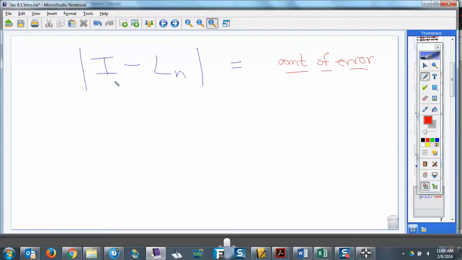Because this will be bigger, the exact answer. What we're saying is we don't really care if it's over or under. When we're figuring out how far are we off, we don't really care if we're over or under. So we just put bars around it to just make it positive, right? We don't want our error to be a negative number. We just want it to be positive because we don't really care. I mean, we're going to know if it's over or under, right? We just care about how much error there is. That's what the bars are doing there.